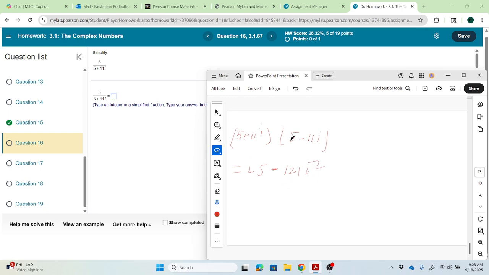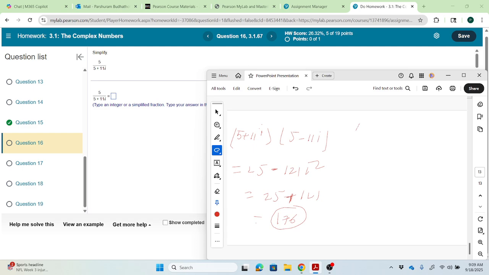Square of the first thing minus the square of the second thing. So that would be 25 minus i squared, which means negative 1, so negative times negative is positive 121. So which is 176. So the product with its conjugate is 176, which is a positive number.